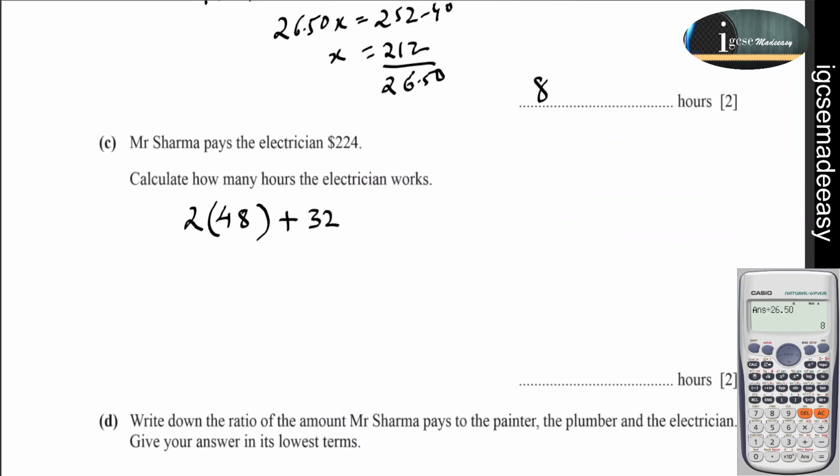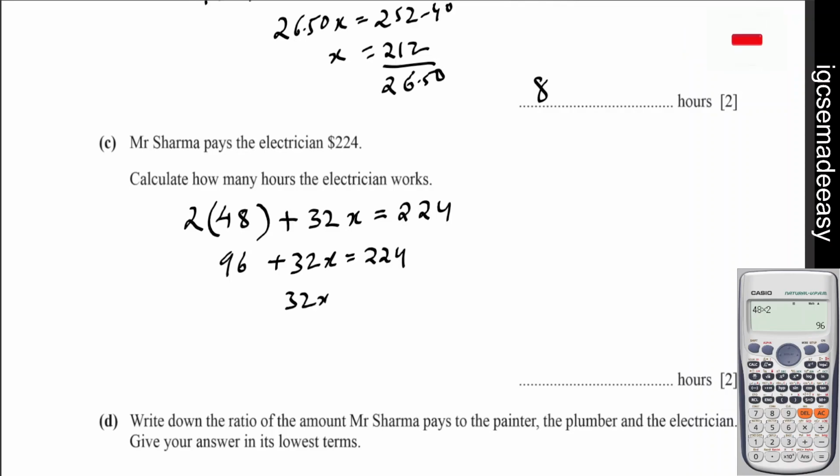But we don't know how many hours he worked, so I'll be taking it as x. The total amount that he paid is 224. If we solve this equation, 48 times 2 is 96, plus 32x equals 224.